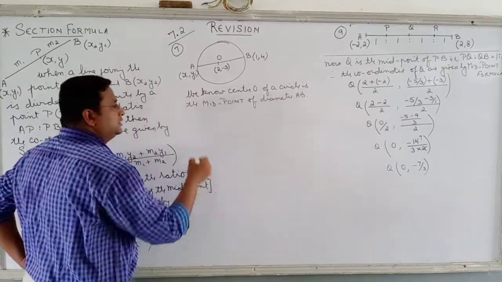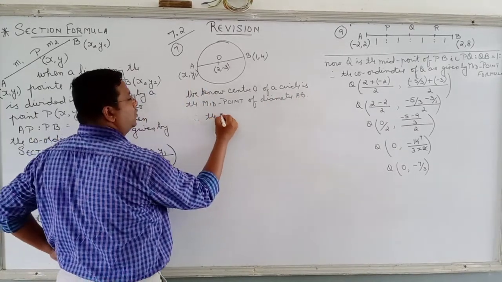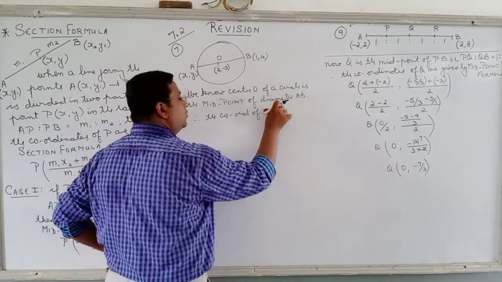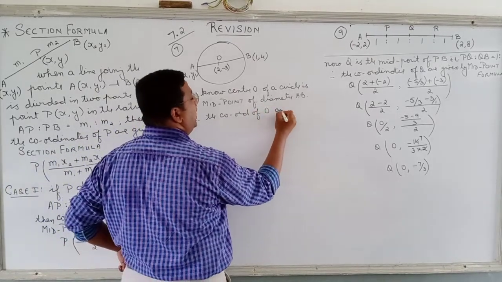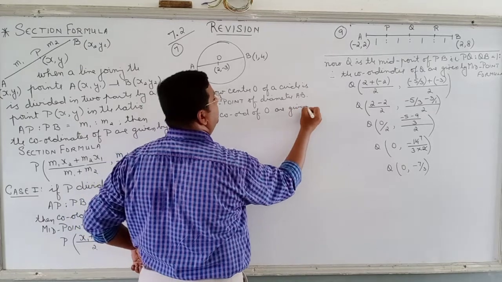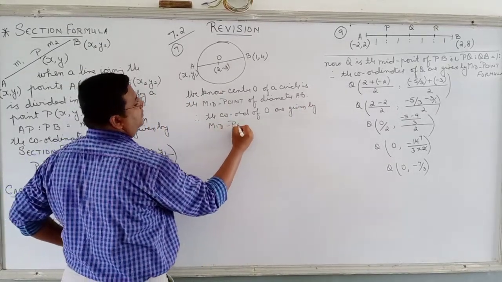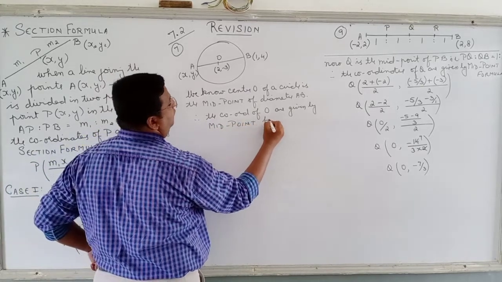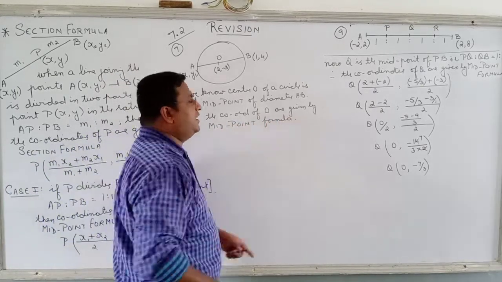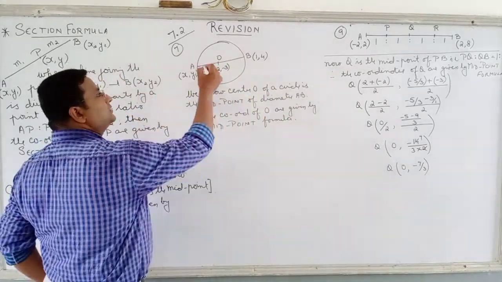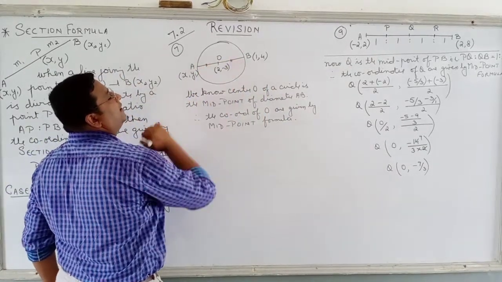Yes or no? So therefore, the coordinates of O are given by the midpoint formula. Now here we have calculated the midpoint. Here the midpoint is already given to us. This O is the midpoint of AB.